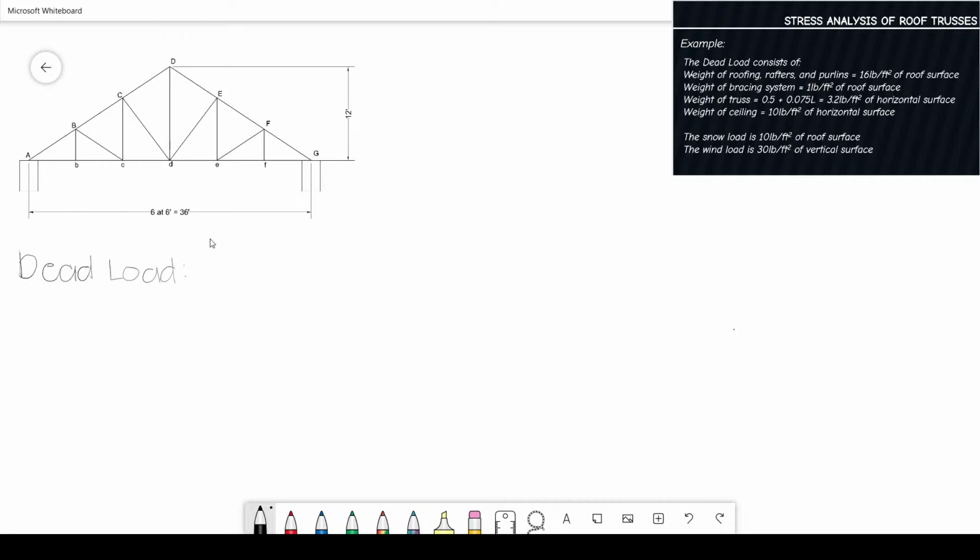So, in our dead load, we have, so let's first find the length AB. So, in the analysis of the roof truss, so by panel kita. May panel kita ha.